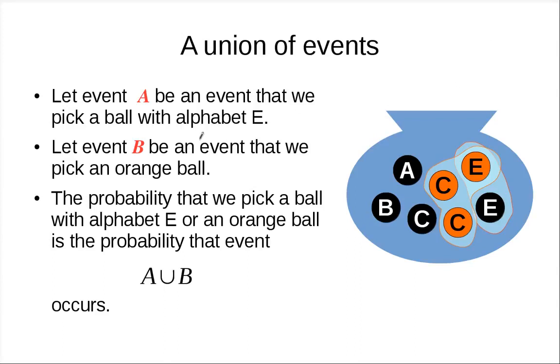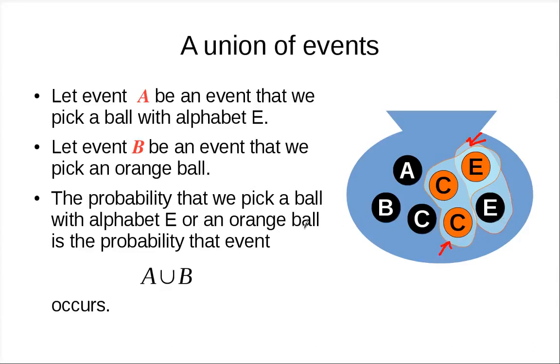Okay, so we can look at the previous situation. If we let an event A be an event that we pick a ball with alphabet E. So which one is event A? So it's this one. Okay, and an event B be an event that we pick an orange ball. So it's this one, this ball.